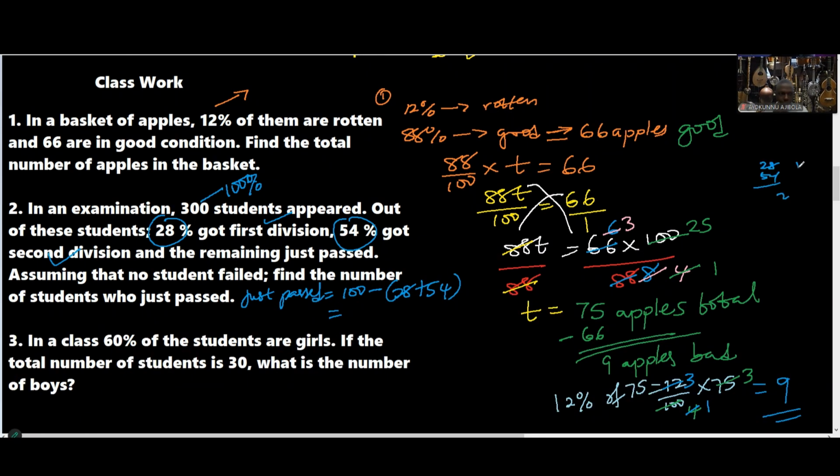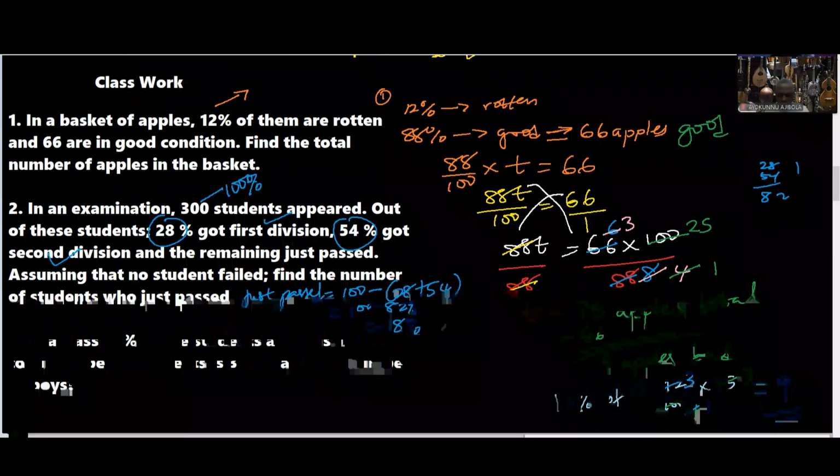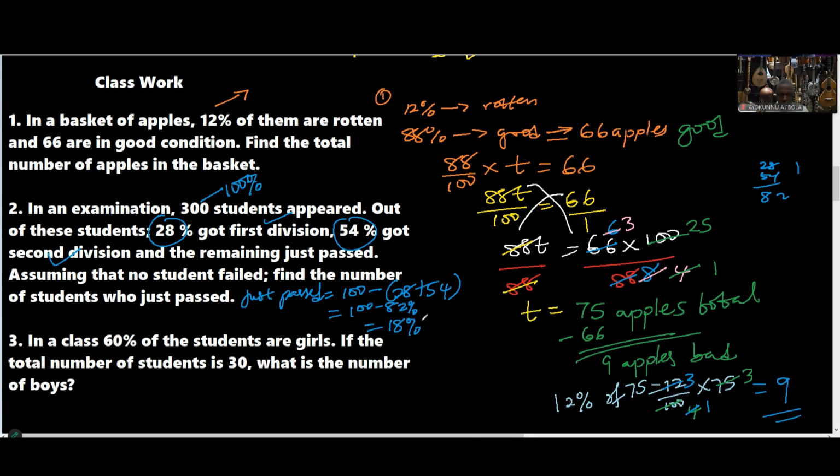This is 12, this is 7. This is 82%. So 100 minus 82%, and that will give us what? No, it's not 12%. It's 18%, because 100 minus 82 is 18%.